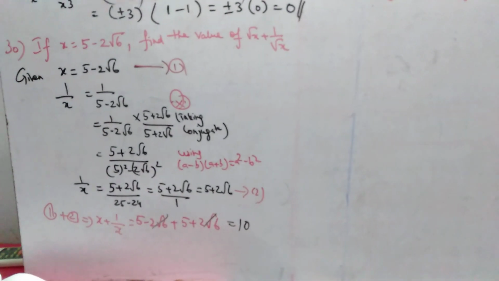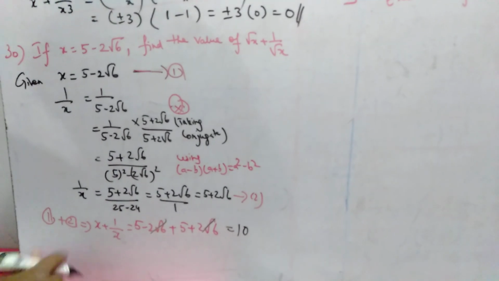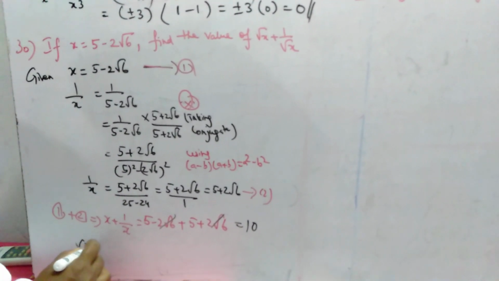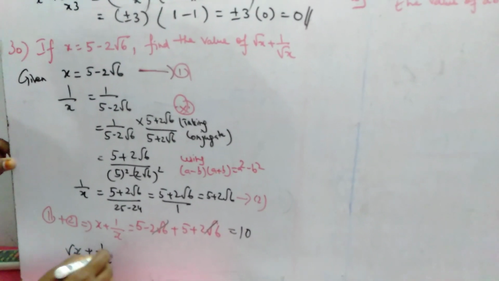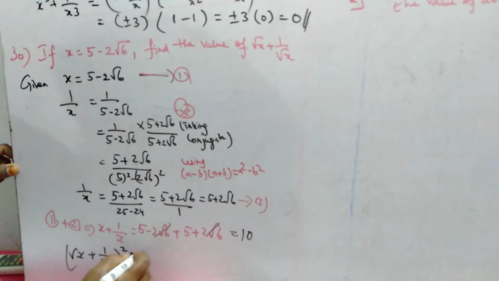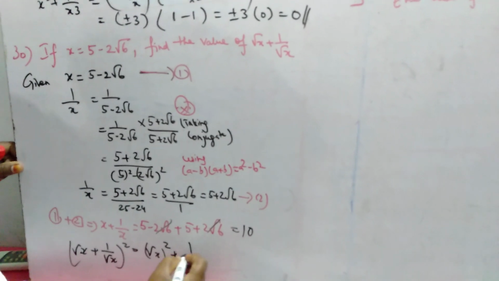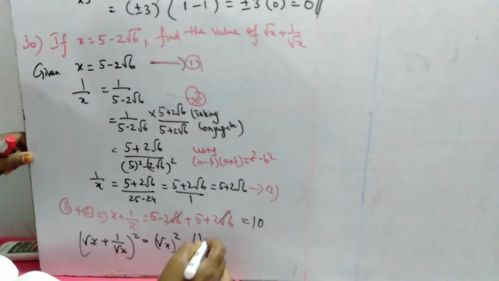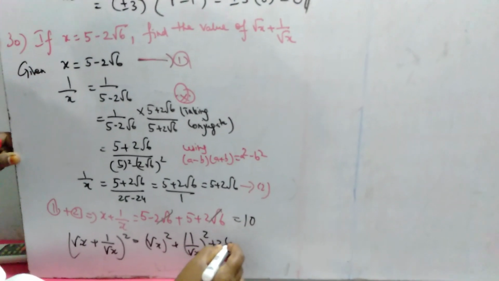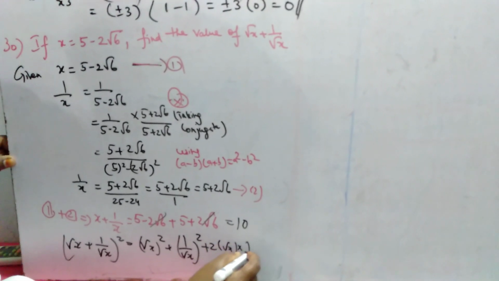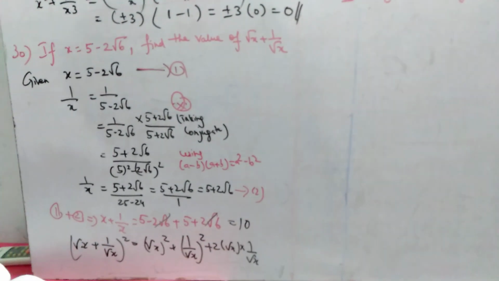Next, the formula related to this one is (√x + 1/√x)², which is in the form (a + b)², a² + b² + 2ab. Right?